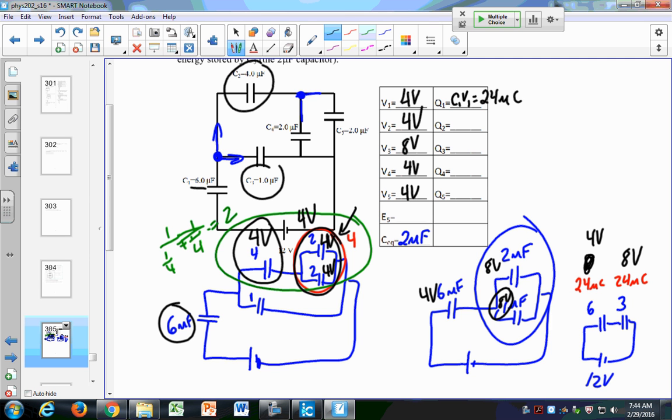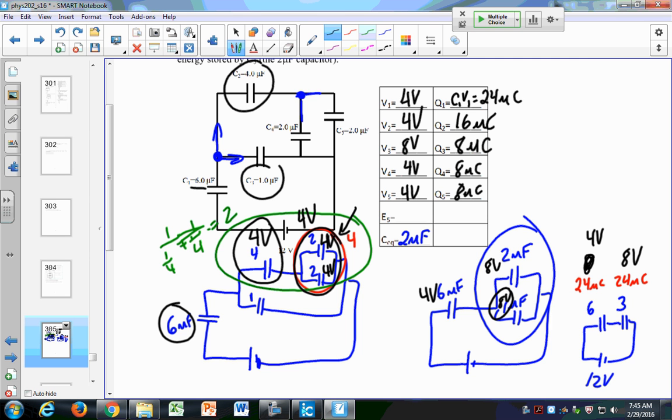C3 is 1. 1 times 8 is 8. C4 and 5 are both 2, so these will both be 8. Just to be complete, this is 8 microcoulombs, 8 microcoulombs. What did I say Q2 was? 16. And Q3, 8. Yeah.